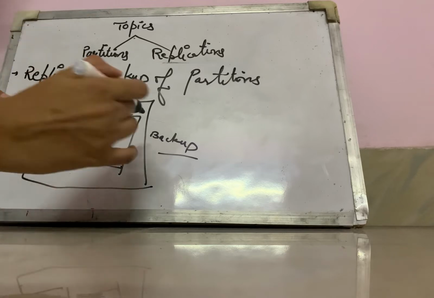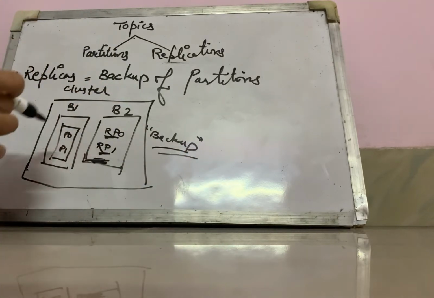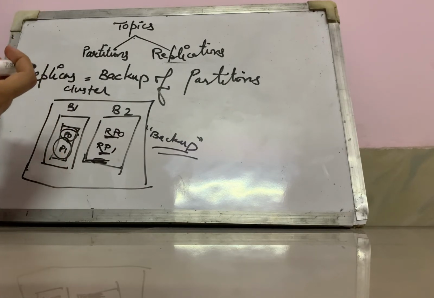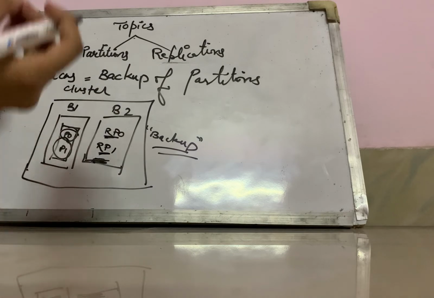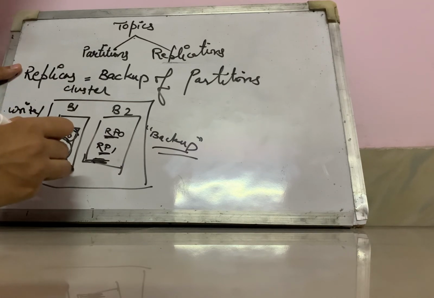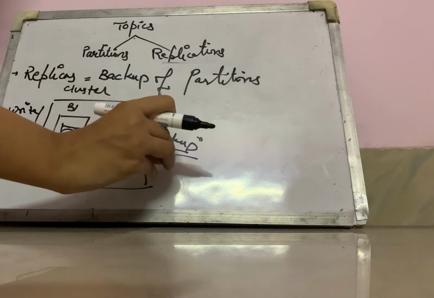They are just for backup. The main partitions hold your messages, and from the main partitions only your consumers read messages. For read and write operations, the actual partitions get used. The replicas do not get used. They are only for backup.